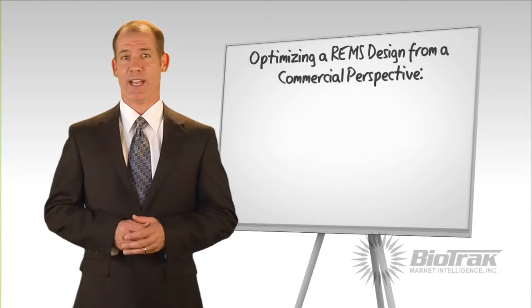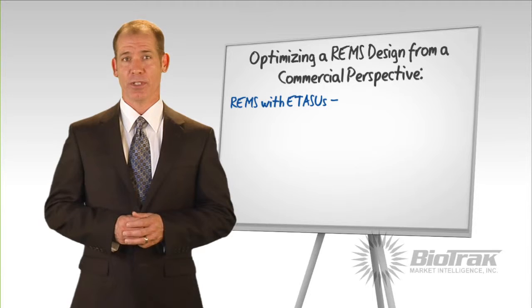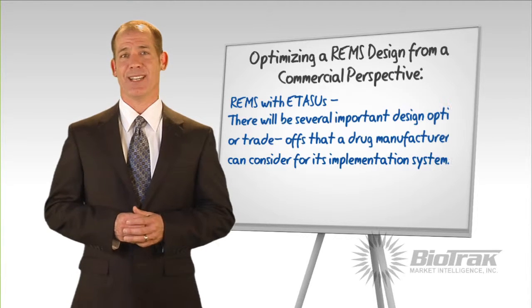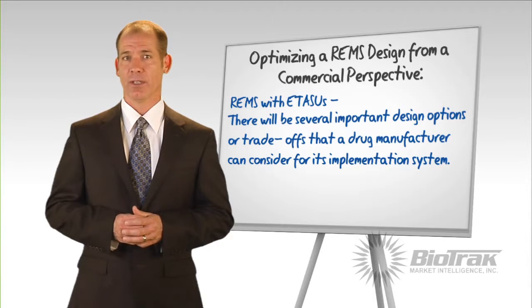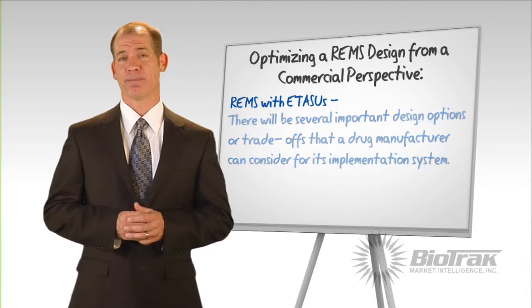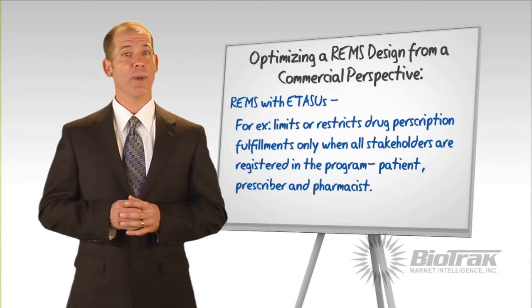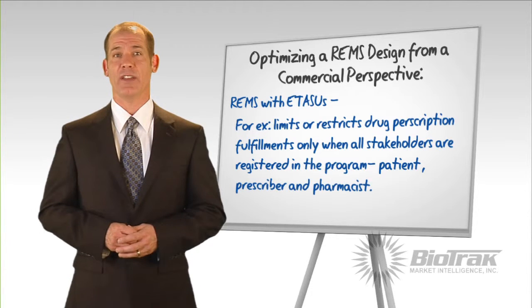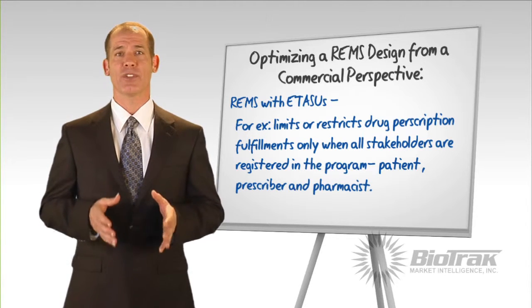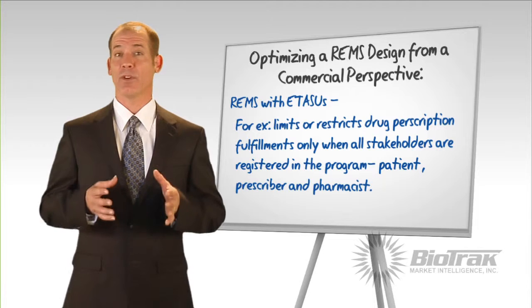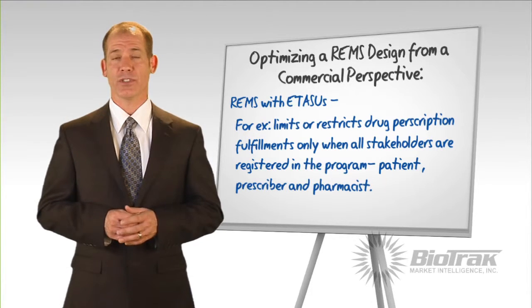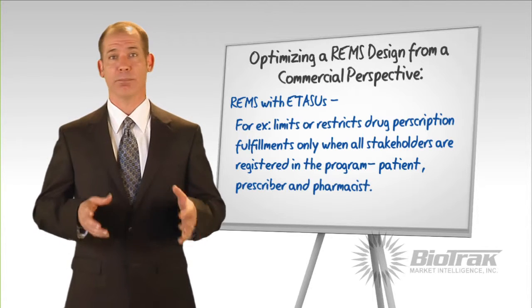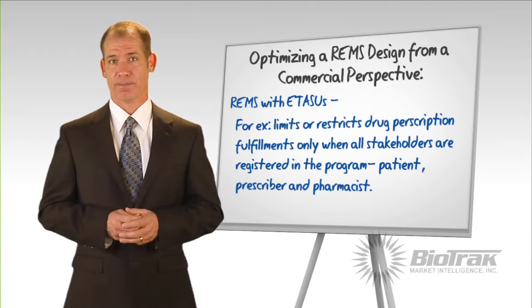In most REMS that have elements to assure safe use, there will be several important design options or trade-offs that a drug manufacturer can consider for the implementation system. For example, the REMS might require elements to assure safe use that in essence limits or restricts drug prescription fulfillment for only when all stakeholders are registered in the program: patient, prescriber, and pharmacist.